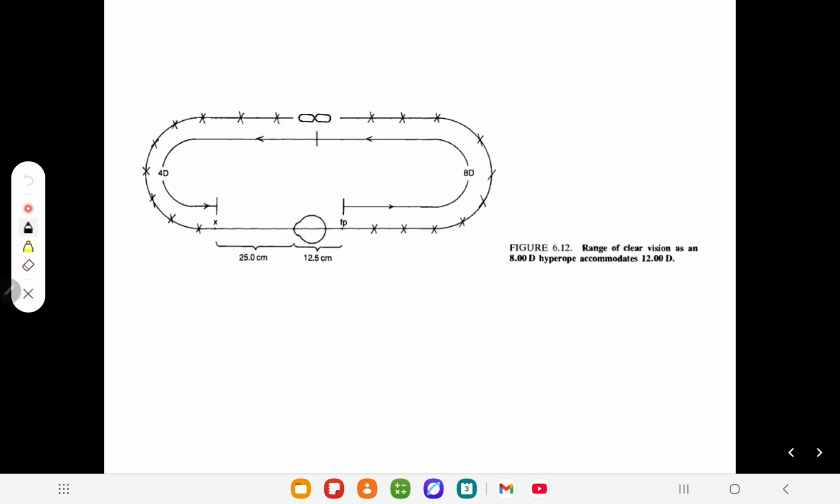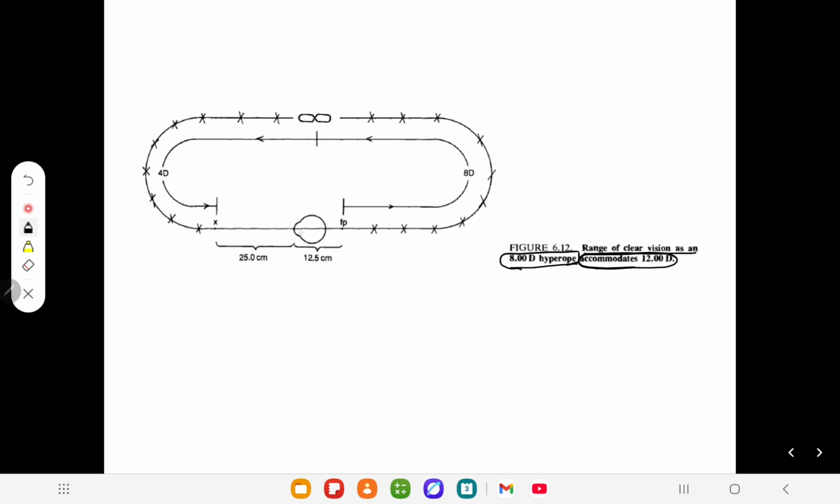So this is the picture you have to understand in this video, because this picture gives you a clear idea how range of clear vision works and how hyperopia works. So see, range of clear vision in an 8 diopter hyperopia with accommodation of 12 diopters. The patient has 8 diopter of hyperopia, but the patient also has 12 diopter of accommodation.